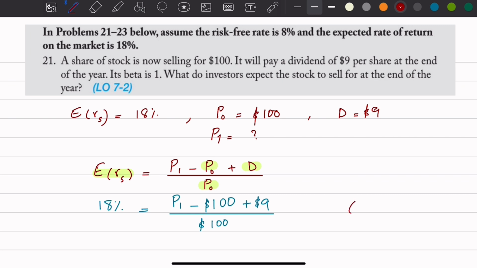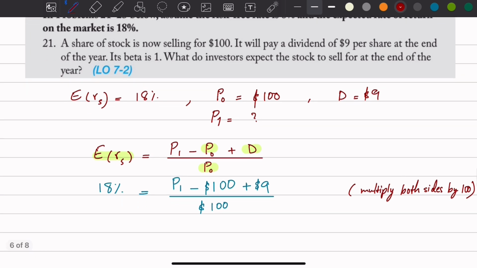So I'm going to multiply both sides by 100. What that will do is get rid of this denominator and then add 100 to this side, right?